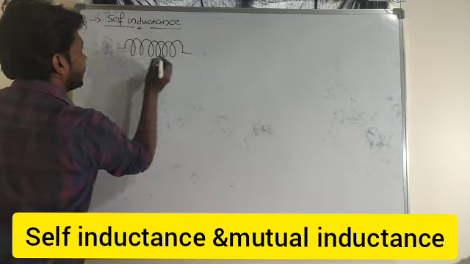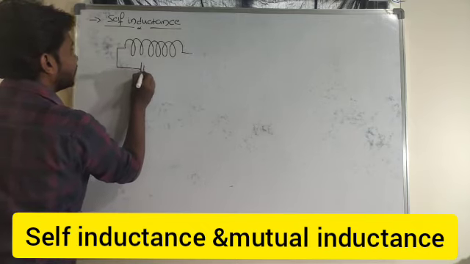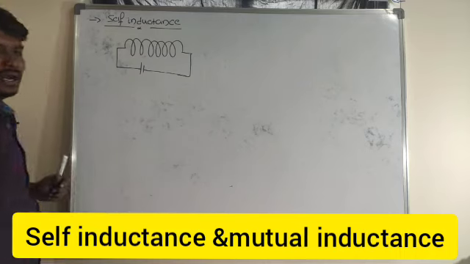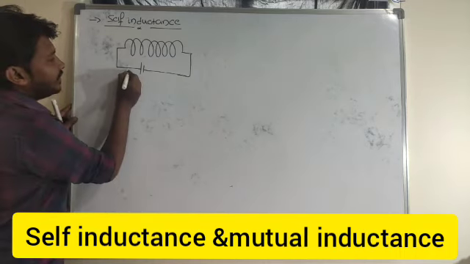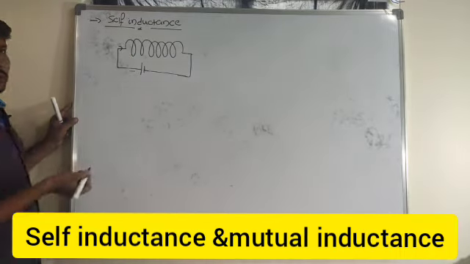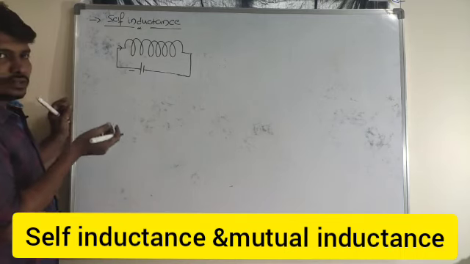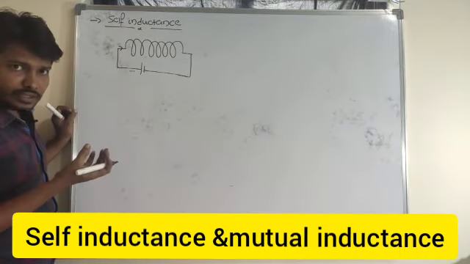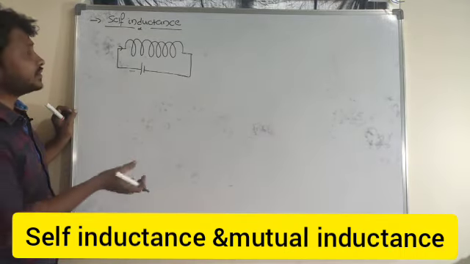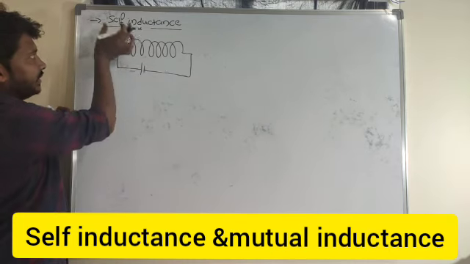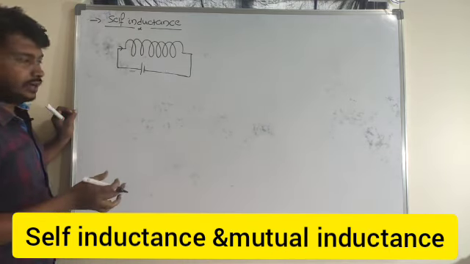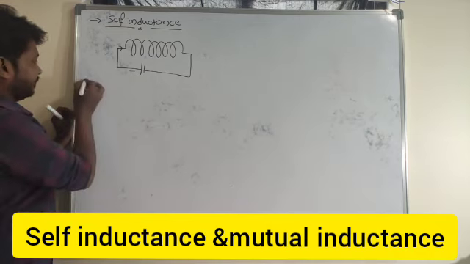In this solenoid, suppose I am giving a battery connection at the ends, whenever a changing current passes into the solenoid, because of that changing current, a changing magnetic flux will exist, so EMF is induced in this circuit. Such induced EMF I can call self inductance.